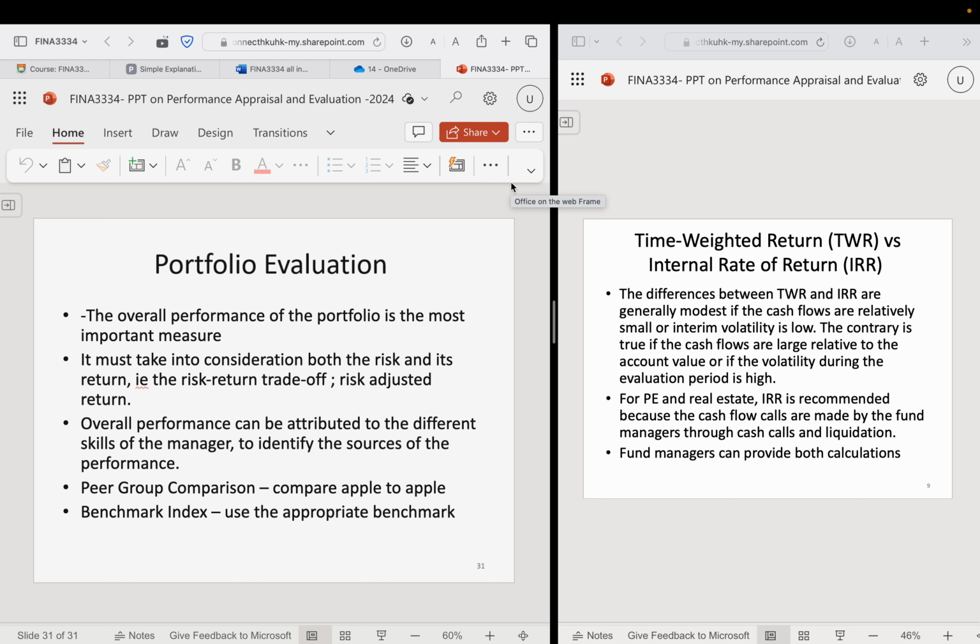That's why it's also important, because some managers will say that they will invest in this kind of environment, they will invest in this philosophy, but at the end of the day you find that what he actually did is not exactly the same as what he said. This is especially important for hedge fund managers.